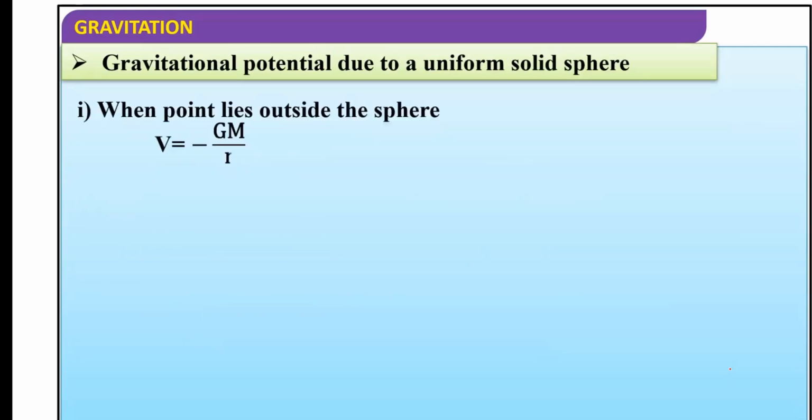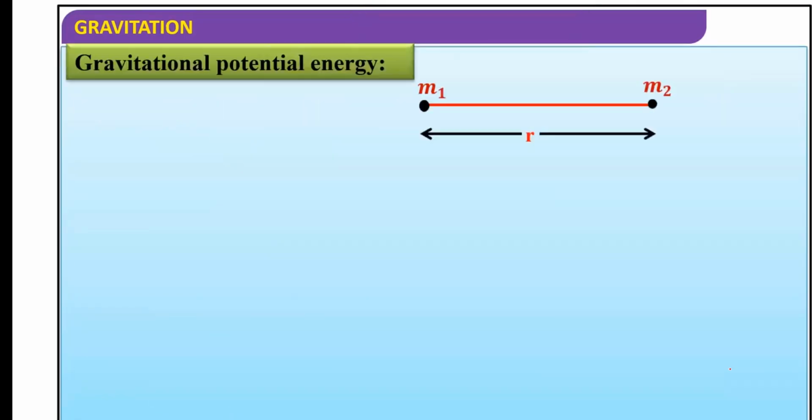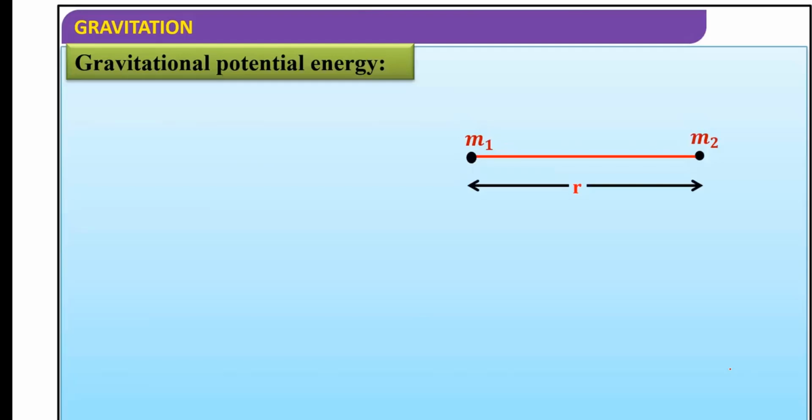Now, next one is gravitational potential energy. Now, what is gravitational potential energy? The way we define the gravitational potential, same way we define gravitational potential energy. The gravitational potential energy we defined as amount of work done to bring a mass from infinity to a given point against the gravitational field.